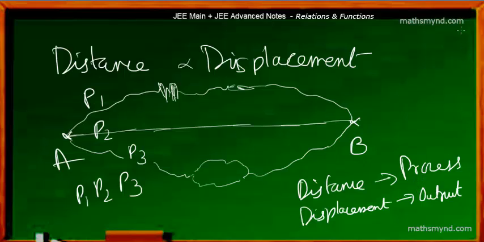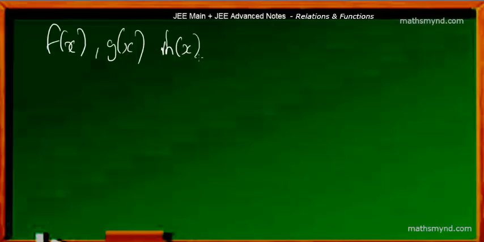Now, how can it be done? We know that if we are dealing with three functions, f of x, g of x, and h of x, then all these three functions would be equal.